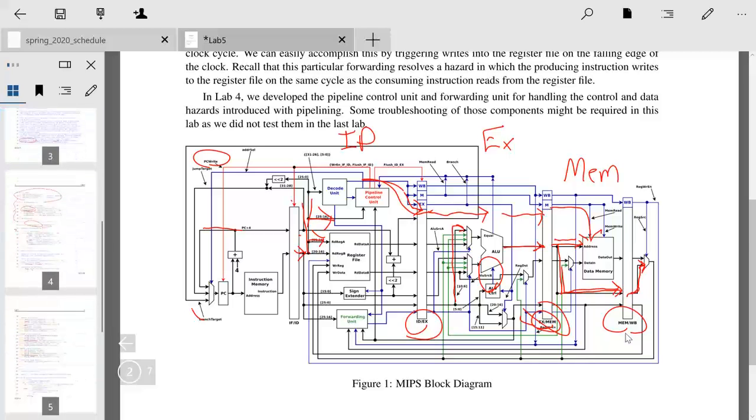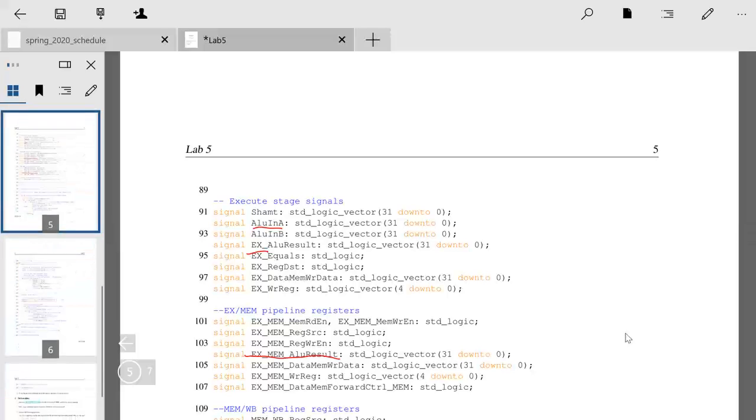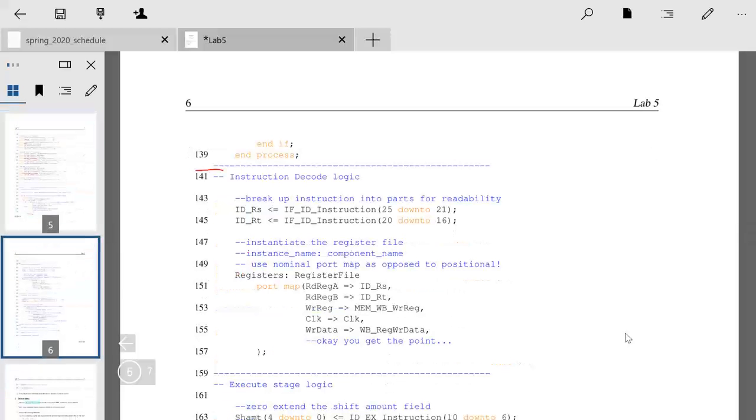That's described here, see? We take the IFID instruction and break it up into ID RS and ID RT.